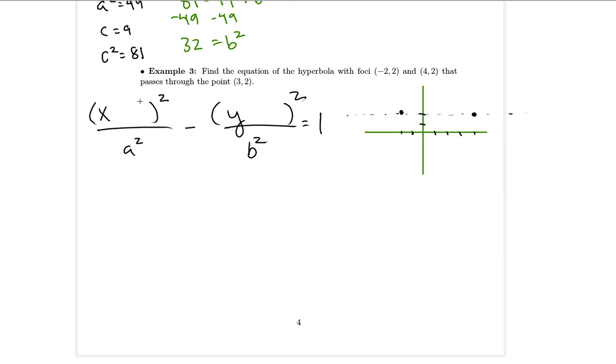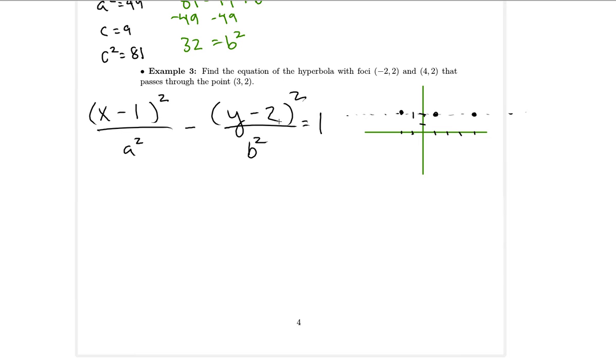The center's always got to be halfway between the two foci. If I count 1, 2, 3, 4, 5, 6, these are 6 apart, so the center is 3 away from this one and 3 away from that one. That puts us at (1, 2). So I can say x minus 1, y minus 2.